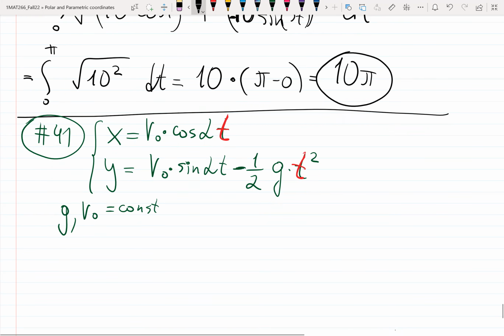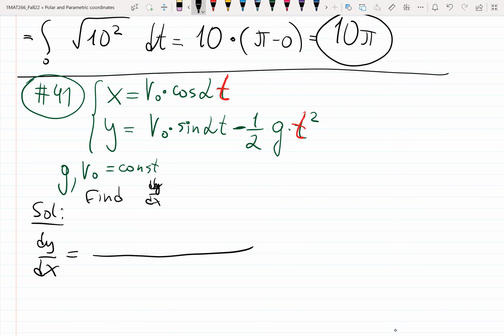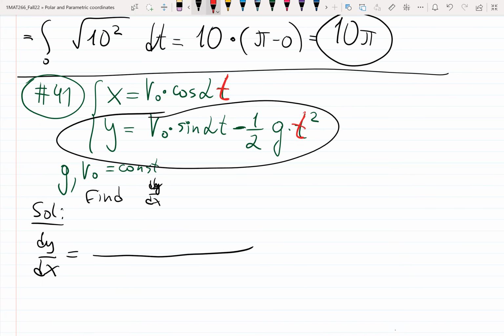So if they ask me to find dy over dx, then I know what to do. Look at the second equation first and take the derivative with respect to t. t is multiplied outside, which is quite important.